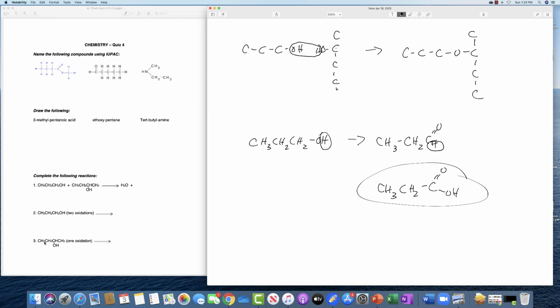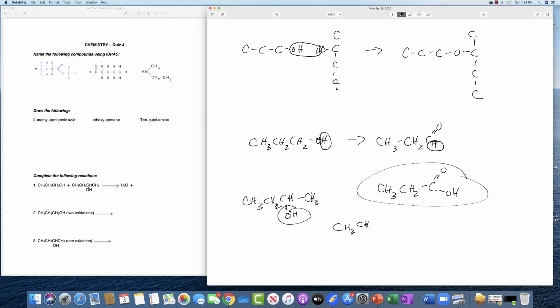The second one, you have 1 oxidation. The prediction would be, well, basically, let me do it this way so it's not confusing. You start out with your OH on the second carbon here. This is a 2. And this is now going to lose the hydrogen, but instead of an aldehyde, it's going to be in the middle, so it's going to form a ketone.